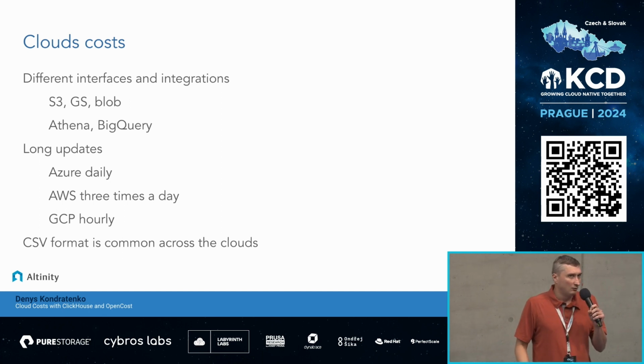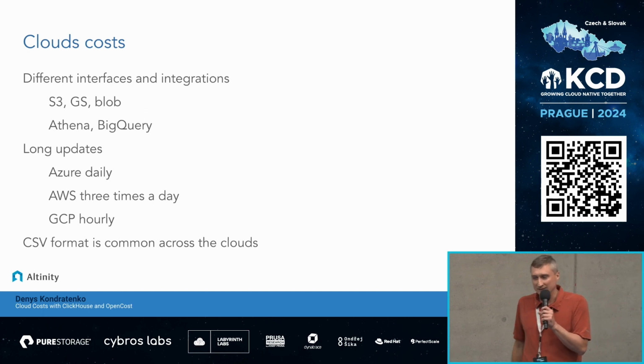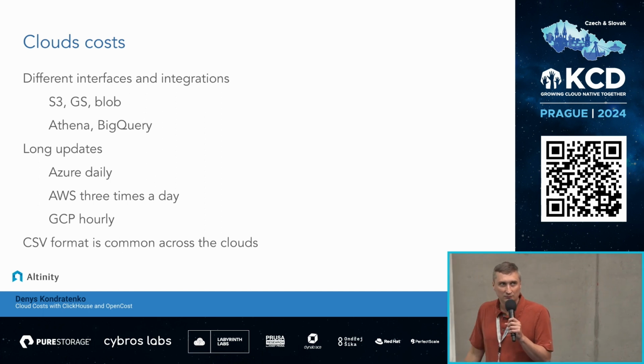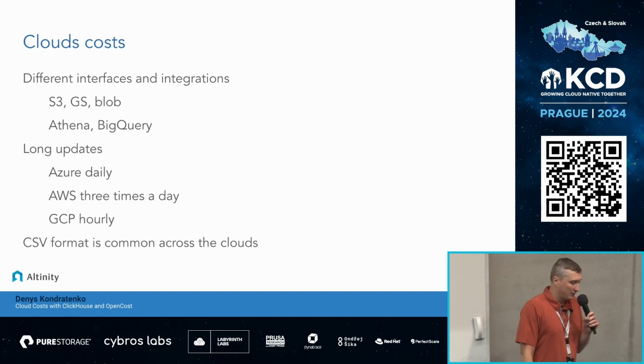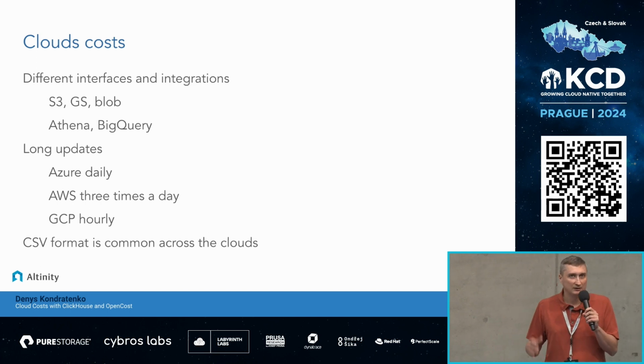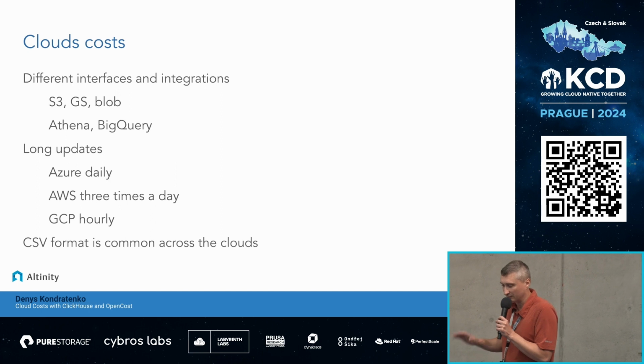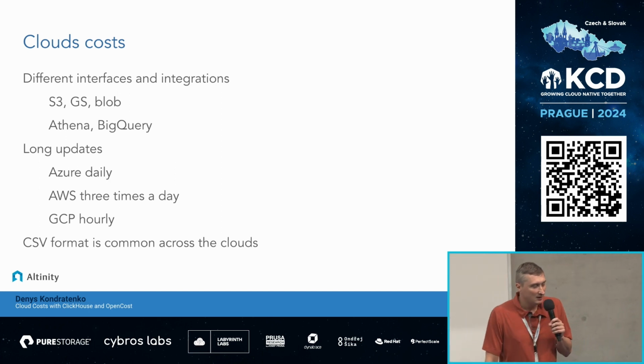GCP does it differently. They have BigQuery to load your cloud cost, and then you can export it somewhere. Same for Azure. They support exporting to blob storage, whatever you choose. So they are all different, and this is a challenge.